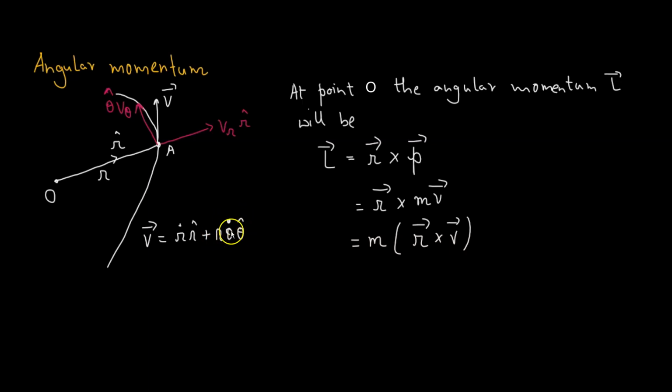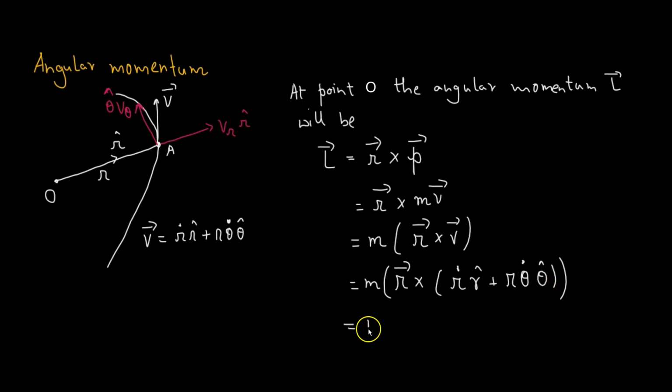We're considering the general expression for the velocity vector, not the special case of a circular path, because this is not exactly a circular motion. It's a very different, general case. So let's plug in the value of v vector here. That will be m times r vector crossed with v vector, where v vector is r dot r cap plus r theta dot theta cap.